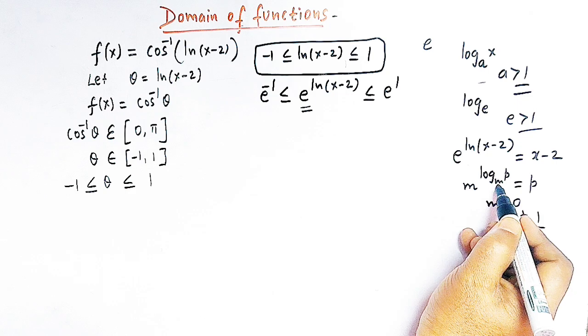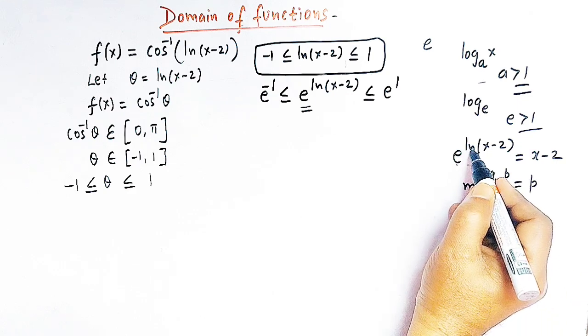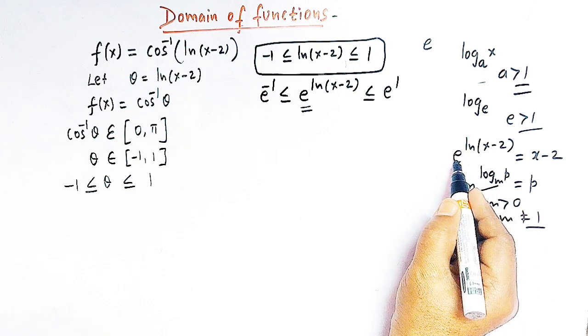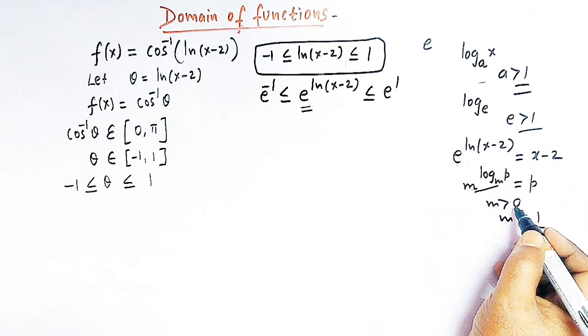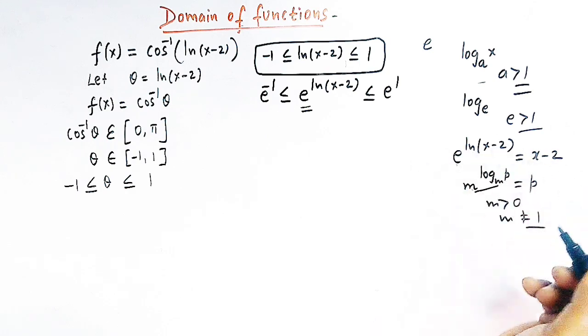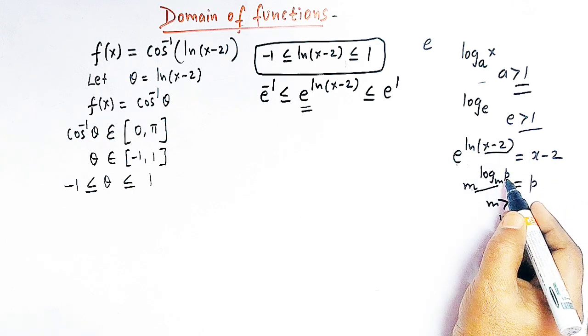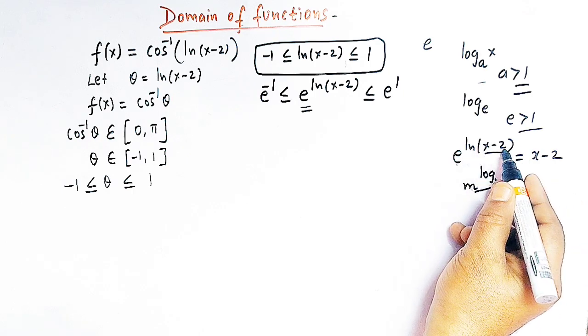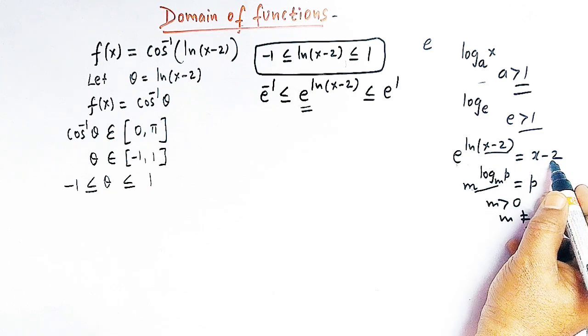And here we have e, because the base of this log is e, so the value of m is e, which is obviously greater than 0 and not equal to 1, and the value of p is x minus 2. So e raised to natural log of x minus 2 is equal to x minus 2.